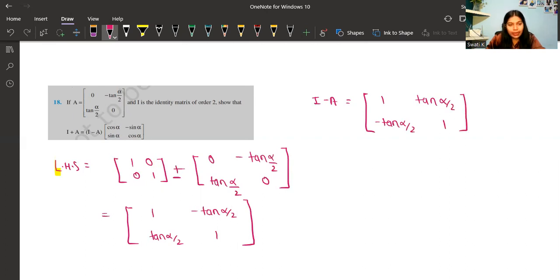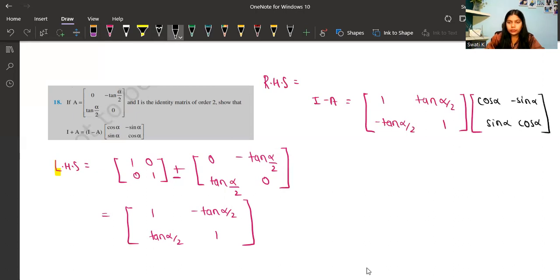So we have I plus A like on the LHS, and we have I minus A. But now on the right hand side we have I minus A times something. So let me write down that we are solving the RHS here. So this times cos alpha, minus sin alpha, sin alpha, cos alpha.